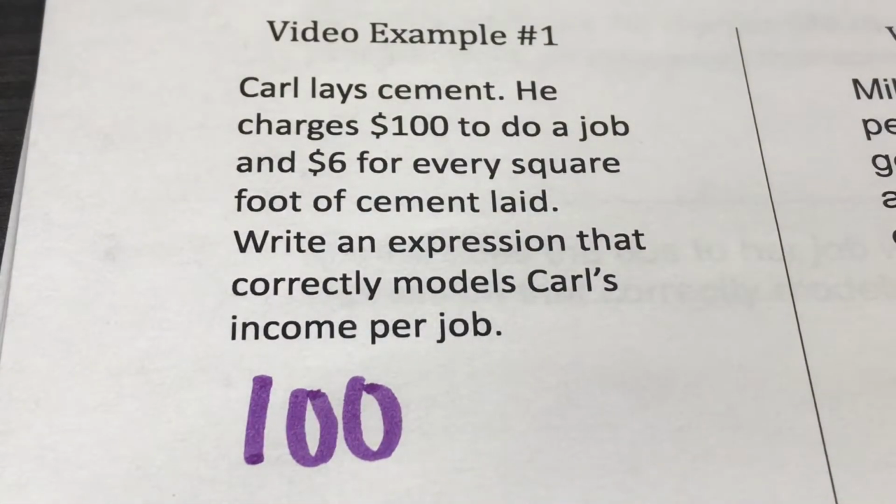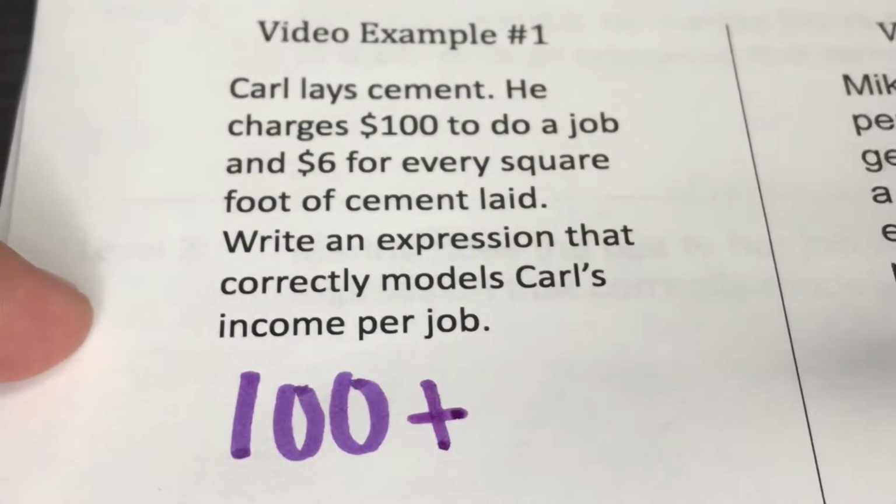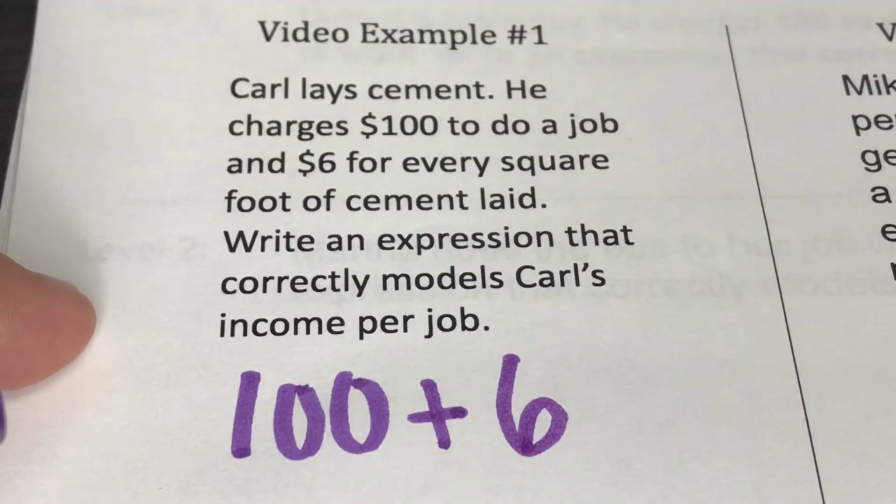Then he also charges an additional $6 for every square foot of cement he lays. So he charges an additional, which would mean addition, an additional $6 per every square foot of cement laid. Now, if you remember, per means multiplication.